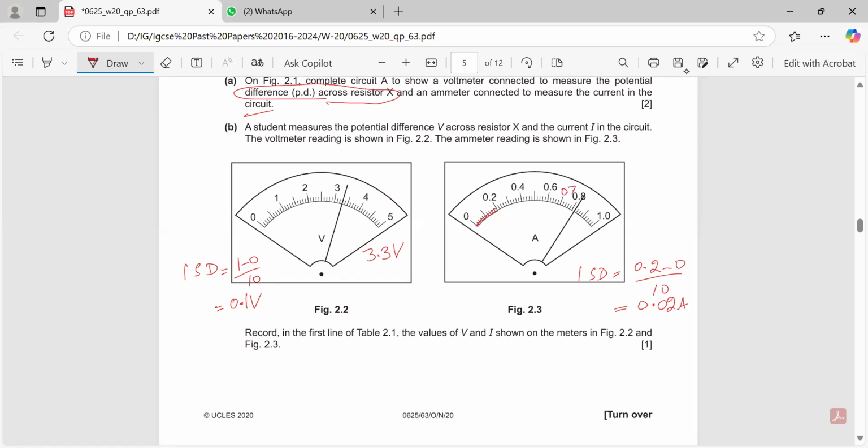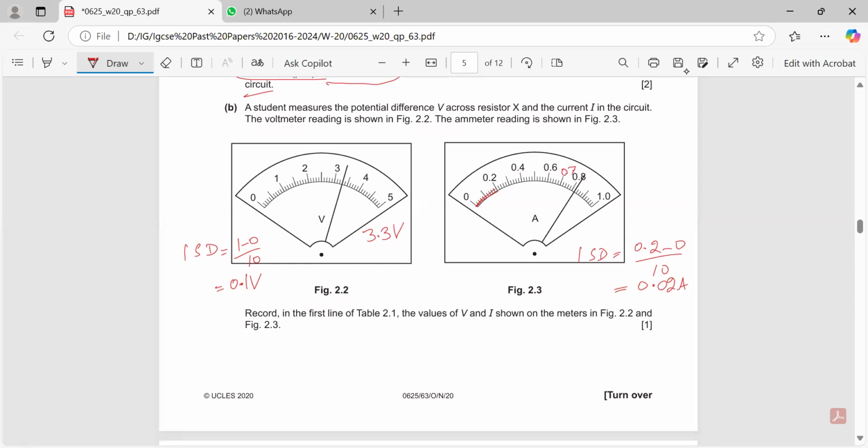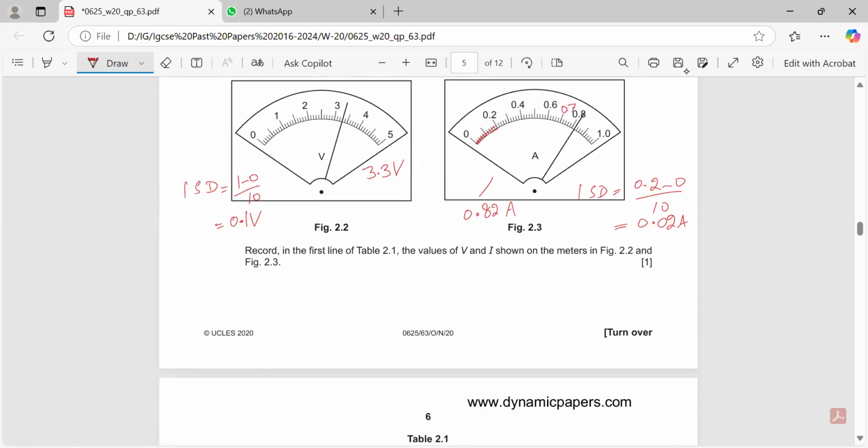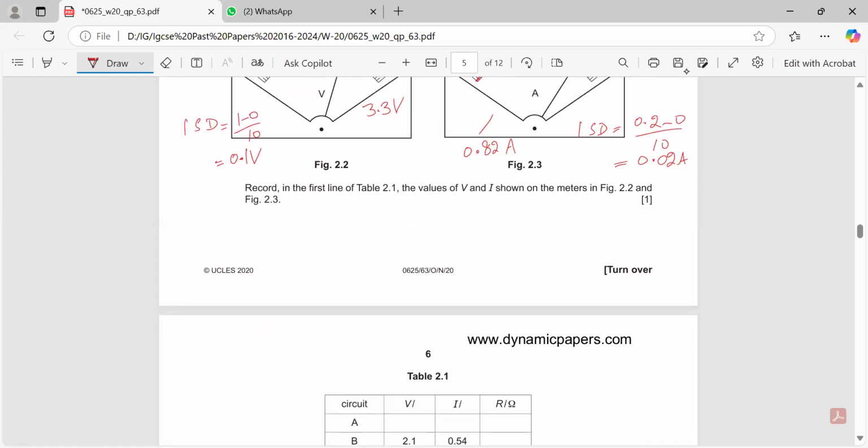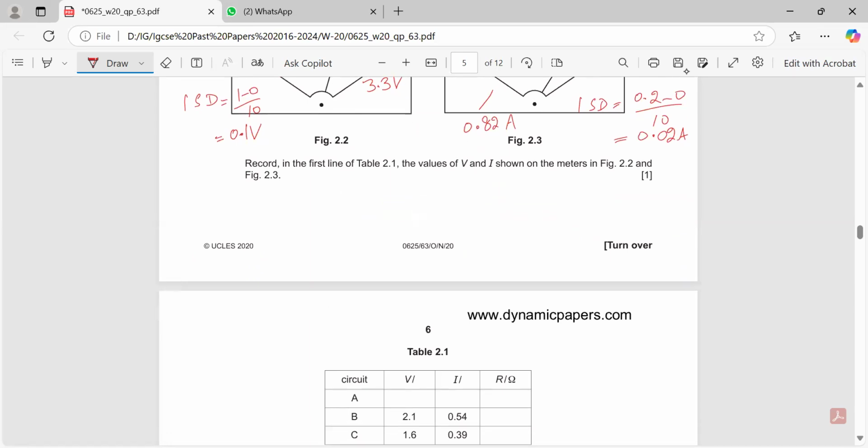Then this is 0.8 and the next line will be 0.82. So the current here is 0.82 amperes. So let's add these values to the table. Voltage is 3.3 and current is 0.82.